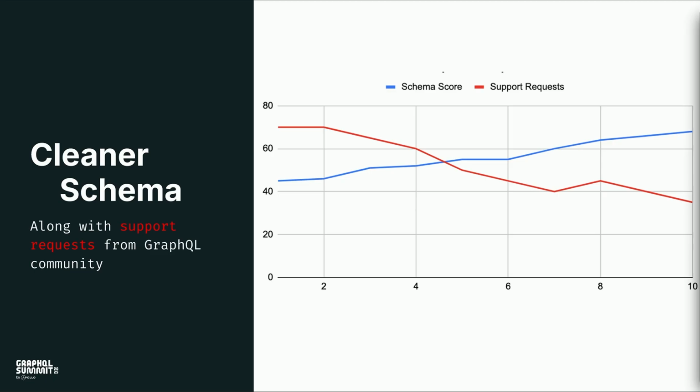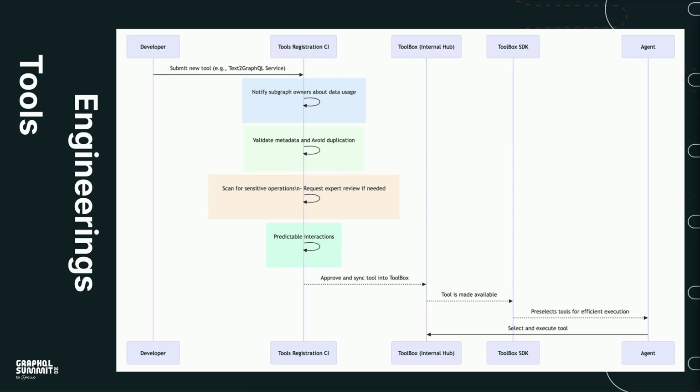I wanted to mention that, apart from AI agentic readiness for the schema, increasing the quality of the schema has more practical benefits for the organization. It makes higher management happy, with fewer resources used for design support tickets and things like that.